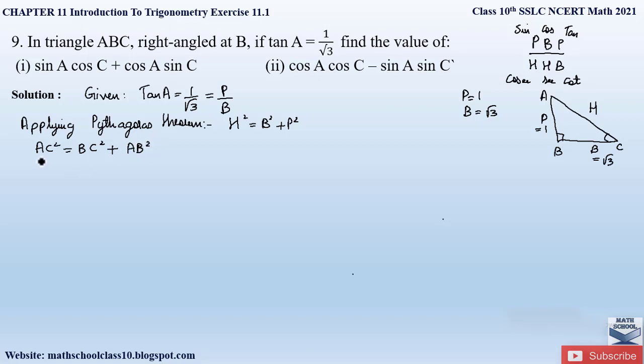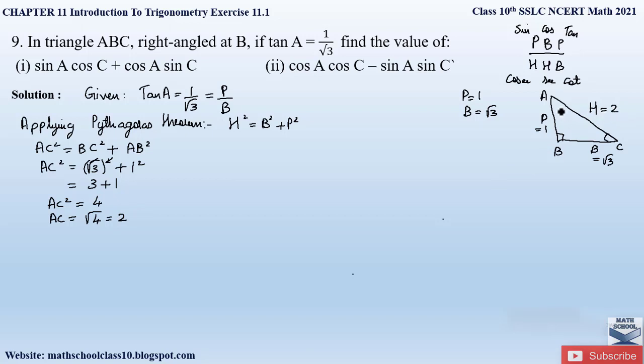So AC square is equal to root 3 the whole square plus 1 square. Here the square and square root will get cancelled and we will be left with 3 plus 1 square is 1. AC square is equal to 4, or AC will be equal to square root of 4, that is nothing but equal to 2. So here our hypotenuse will be 2.